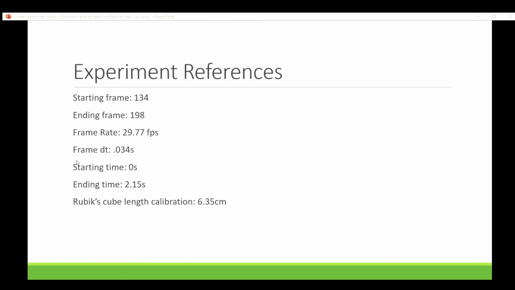And the slope would be the same slope retrieved from the trend line from the data from Tracker. Then I used the position data from this section, and I was able to plot them together in Excel.